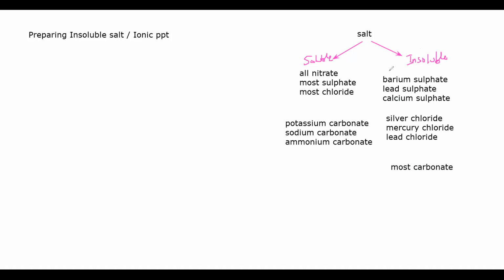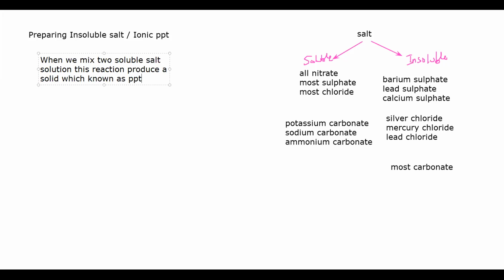So the technique which we use is called ionic precipitation. What is the meaning of ionic precipitation? When we mix two salt solutions, this reaction produces a solid which is known as PPT or precipitate.